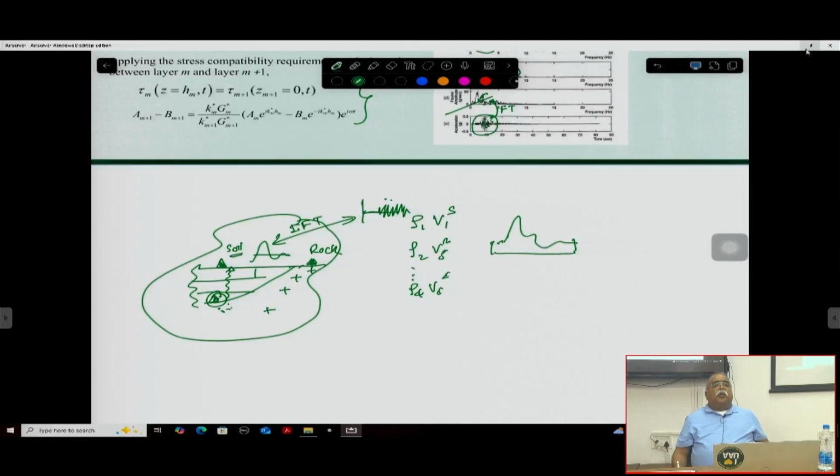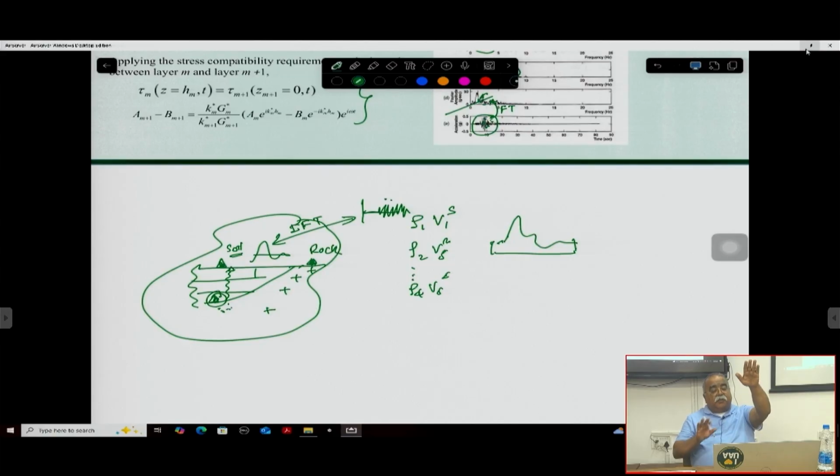For that, you need a time series generated at the bottom, the rock site, and then you propagate it through that soil column whose velocity and density you already got. That will give you the Fourier transform spectra, and if you divide, it will give you the transfer function.